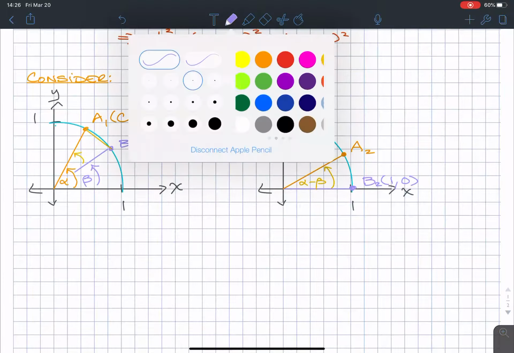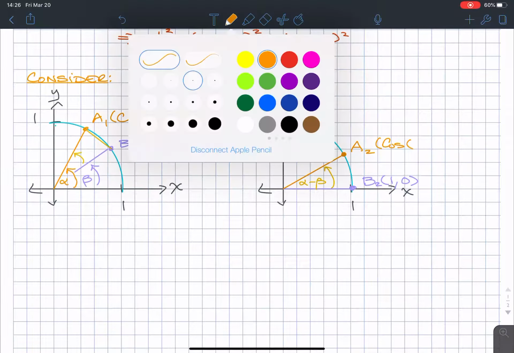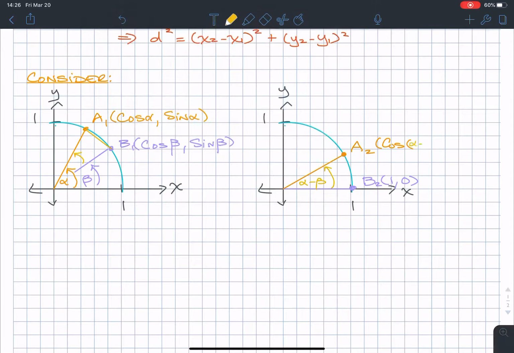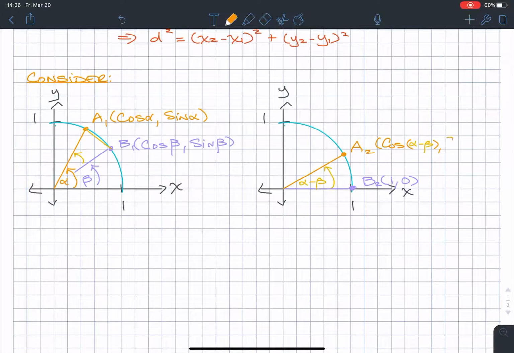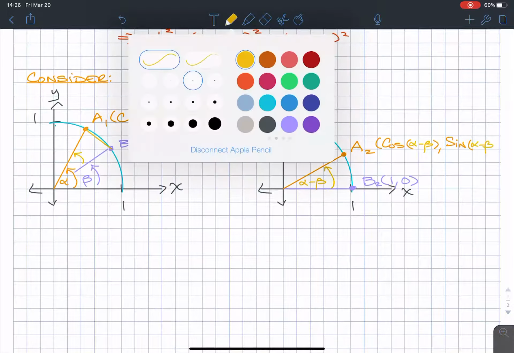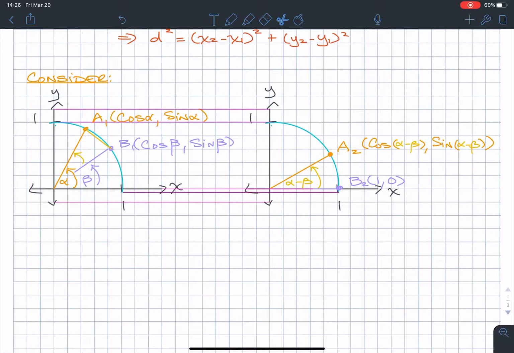I claim in the second case that A2 will now be cosine of the angle alpha minus beta, comma, sine of that same angle, alpha minus beta, because I've rotated so that one of my points is easier to analyze. Actually, let me move this a bit to the left so it's not off the page. There we go.